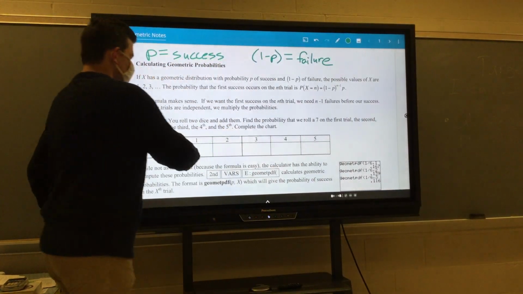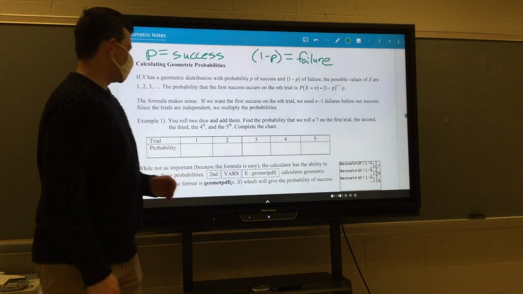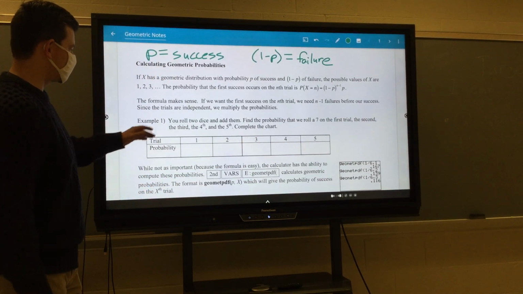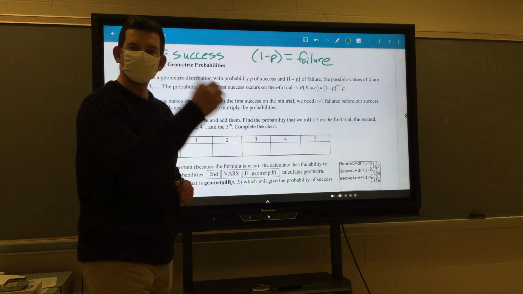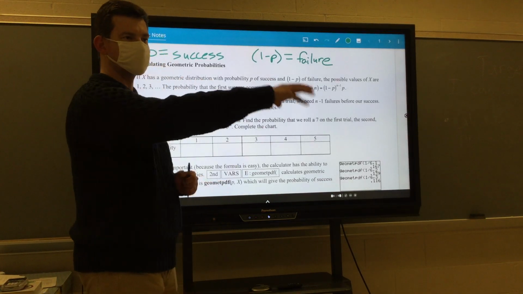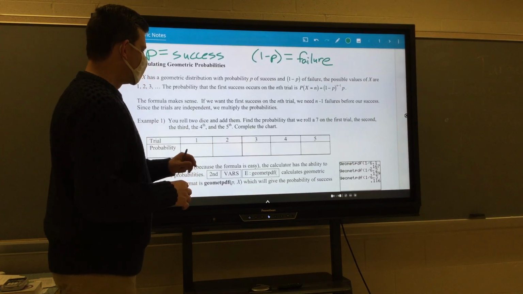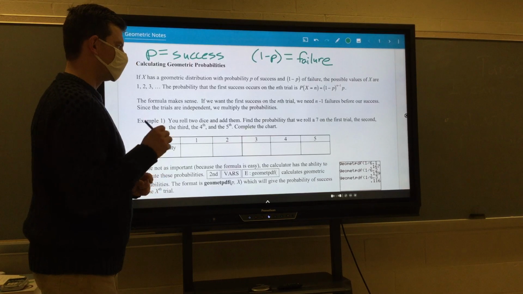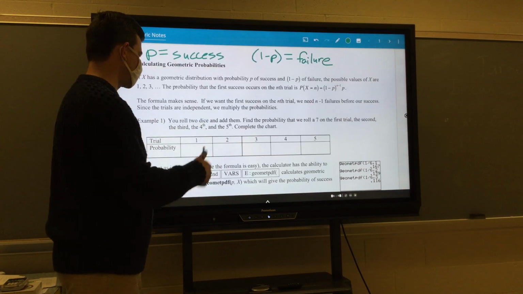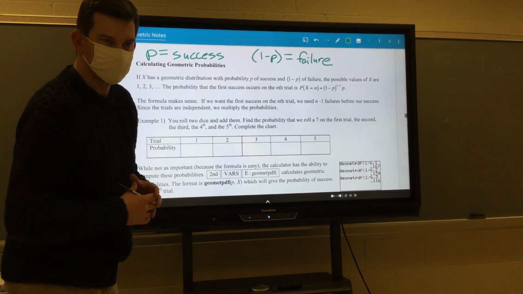So we have a table here for a problem that says you roll 2 dice and add them together. Now that sample space that we've seen before, 36 possible outcomes. We want to find the probability that we will roll a 7 on the first trial, the second trial, the third, the fourth, and so forth.